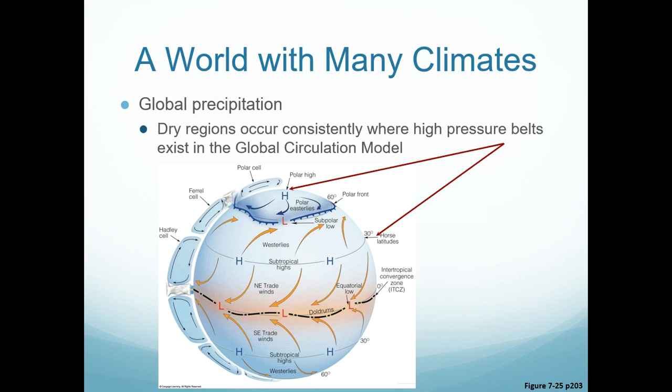Whereas, what do you see at 30 degrees latitude and at the poles? Well, there you have the sinking motion from the circulation cells, and so you end up with a high pressure system. High pressure, sinking air, not much precipitation. This is where you usually have your deserts. And believe it or not, the North Pole and the South Pole are both deserts.